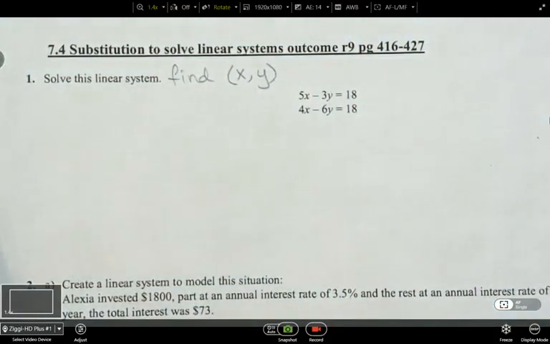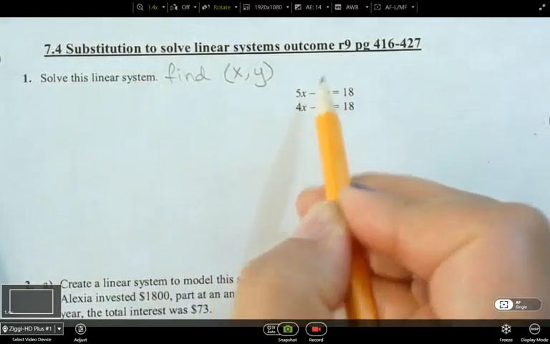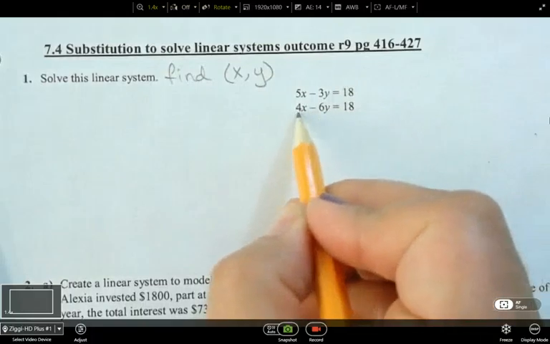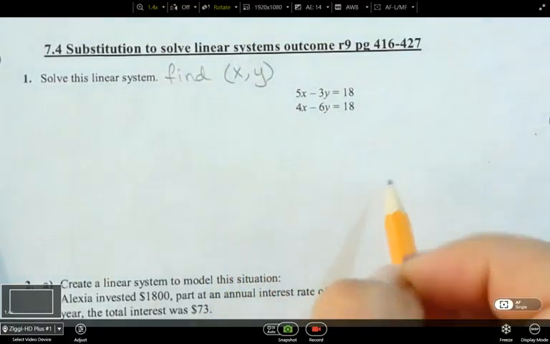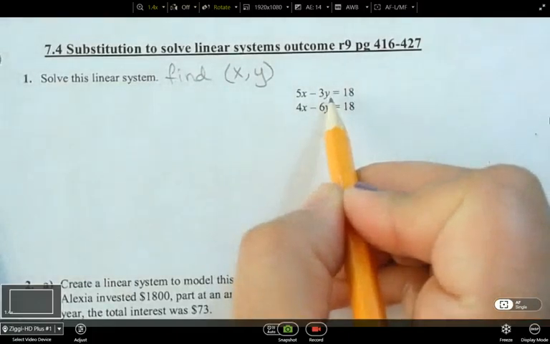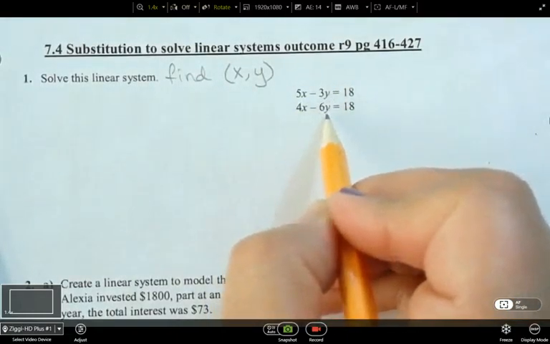Okay. Now, notice we have 5x minus 3y equals 18, and then we've got 4x minus 6y equals 18. We want to try to isolate one equation with only one variable. Now, we've got two variables here in both of them.